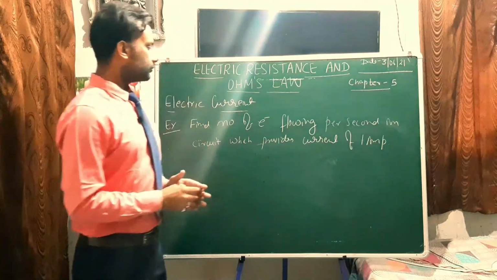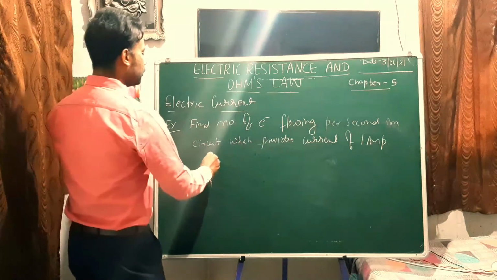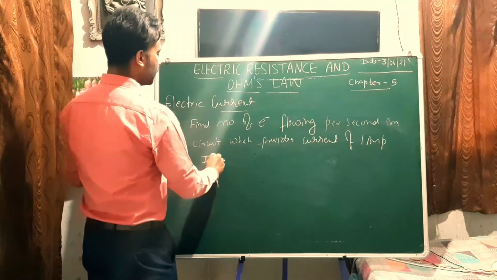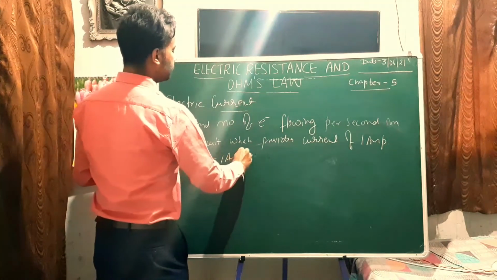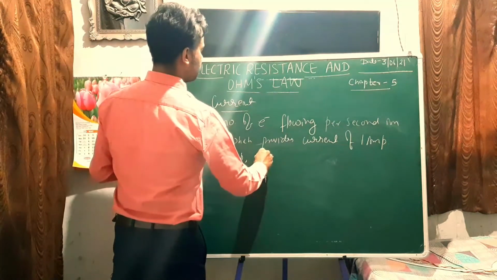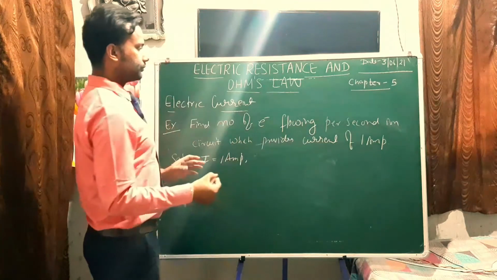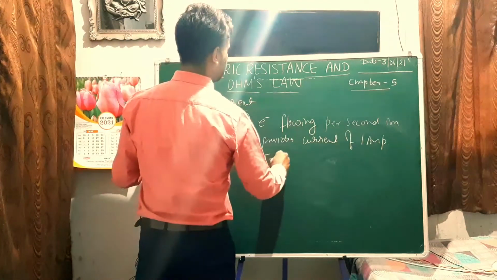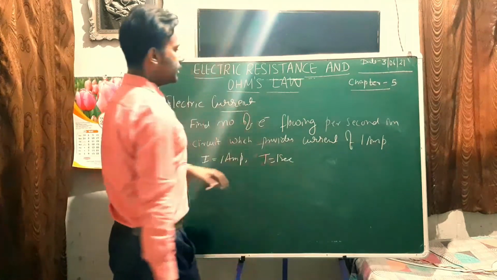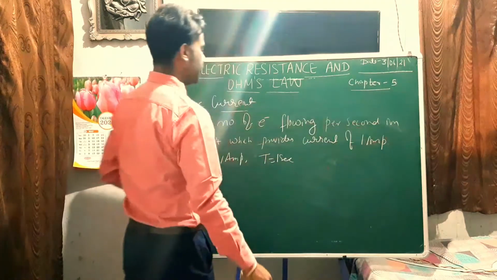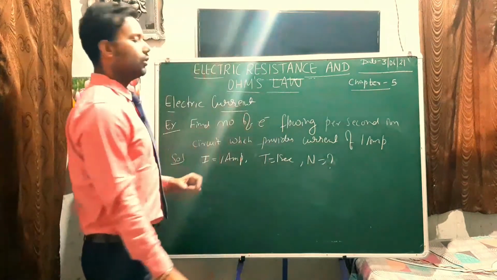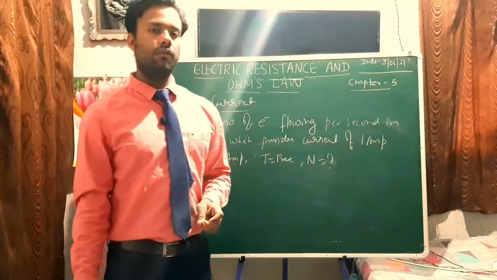Okay, so now let's do the solution. The value of current I is 1 ampere here, and time is 1 second, because it says flowing per second, right? So we have to find the number of electrons, how many electrons constitute the current of 1 ampere.